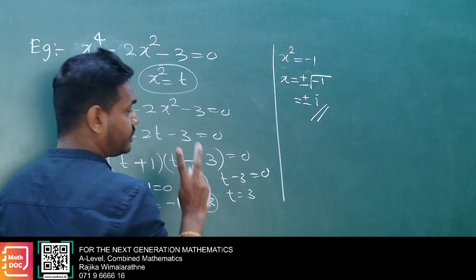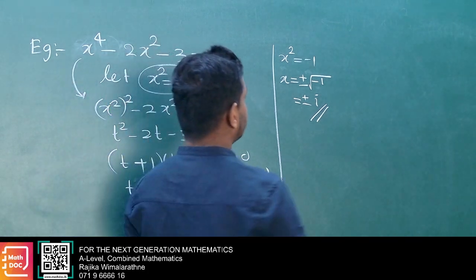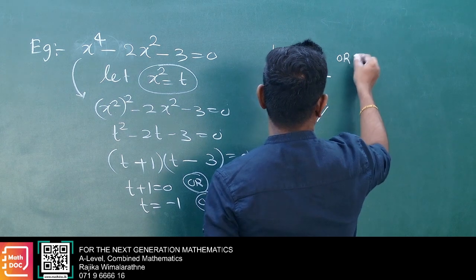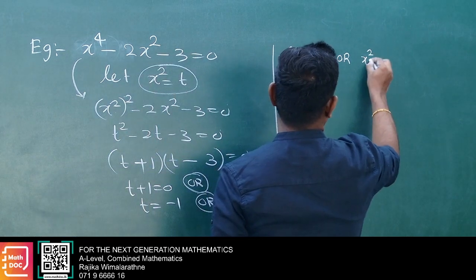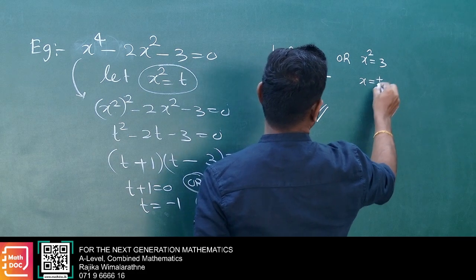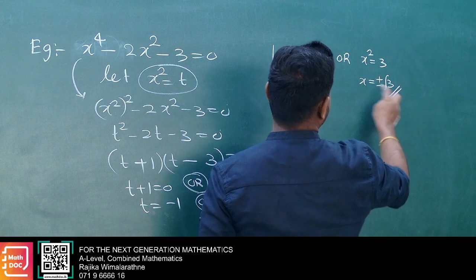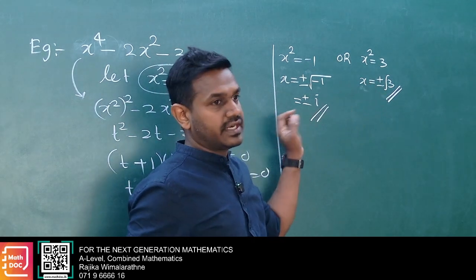By this you get two non-real solutions. Then here t means x squared, no? x squared equals 3. Then x equals plus or minus root 3. Then we get two real solutions. Two real solutions, two non-real solutions.